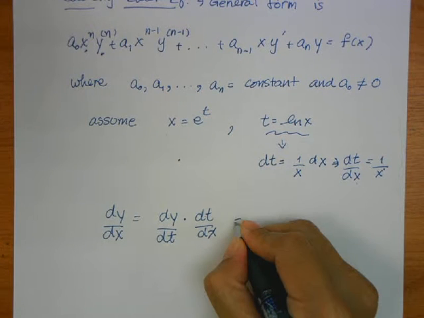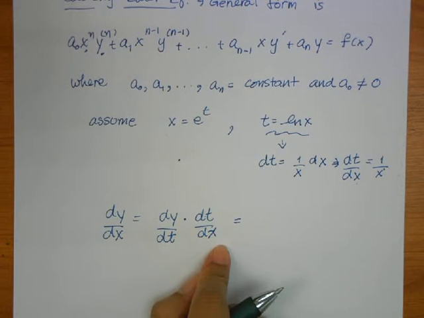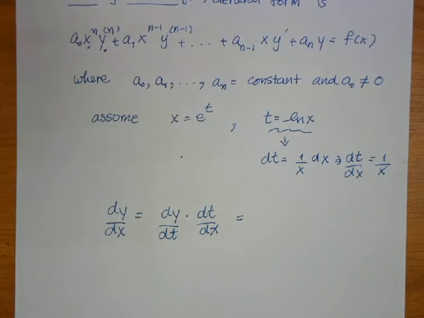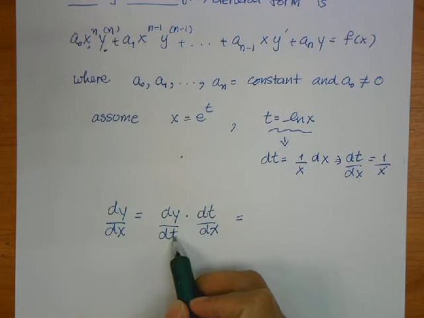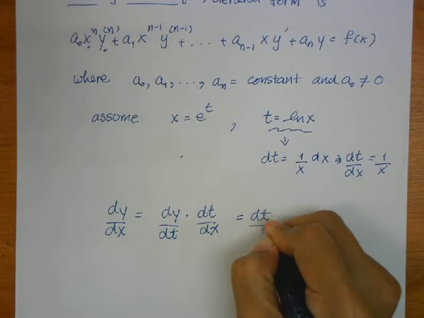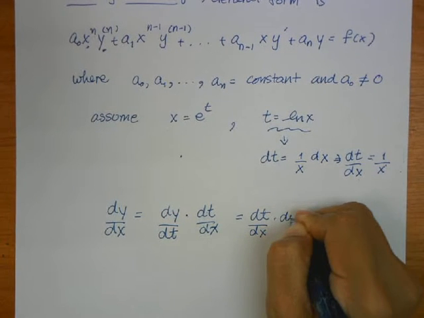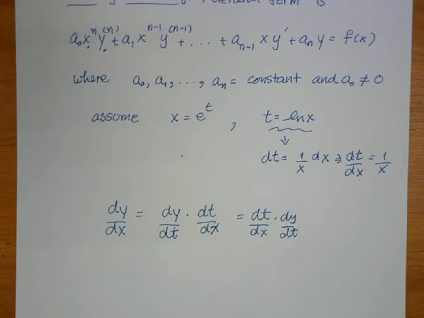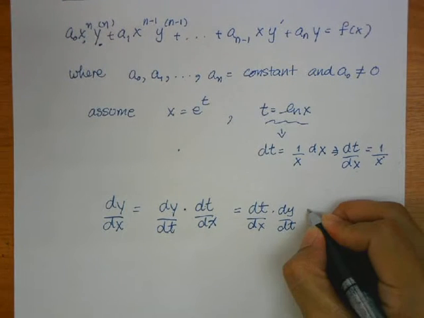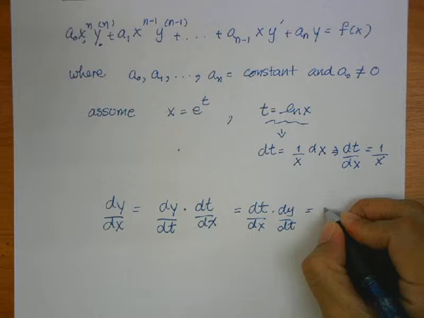So, for the product, it has the property of exchange or alternative position, right? So dy by dt times dt by dx is equal to dt by dx times dy by dt. It's just the same, right? And we know that dt by dx is equal to 1 over x.